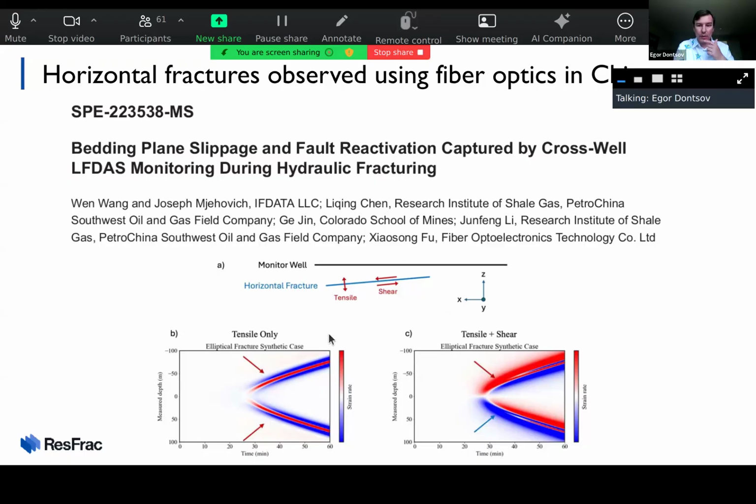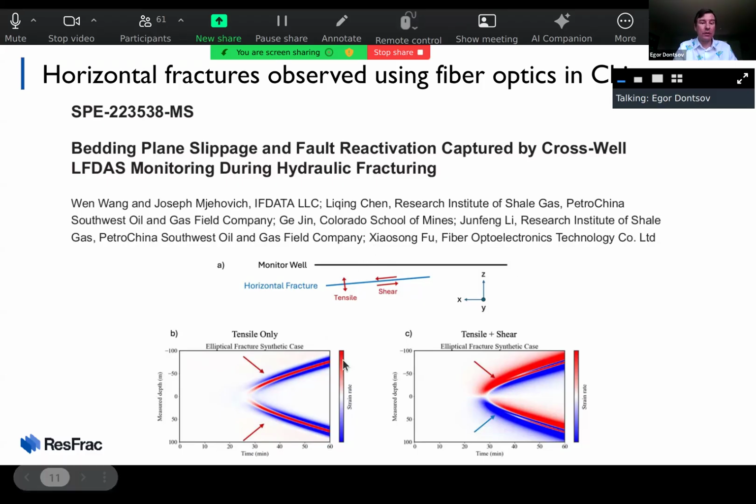I'm going to show you the actual signals on the next page. But the interpretation is that we have a sub-horizontal, so slightly inclined, bedding plane, which has both tensile and shear components. If you have a tensile component, that's the signal you would see on the monitoring well. And for those who don't know, fiber optics essentially measure stretch along the well, basically stretch, right?